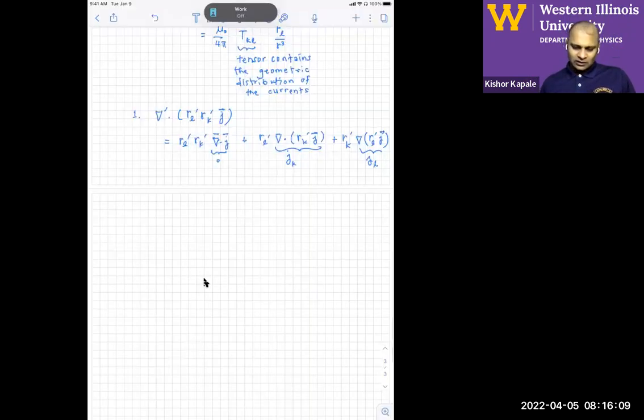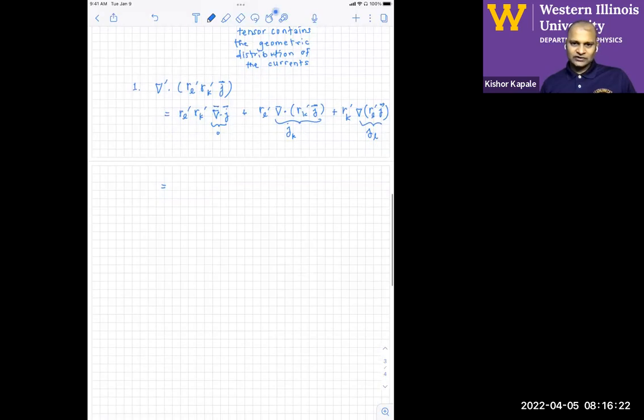Okay. Let's now expand it out and see what this looks like. It's going to have two terms because the first term is 0. So we essentially have it as r_l prime J_k plus r_k prime J_l.